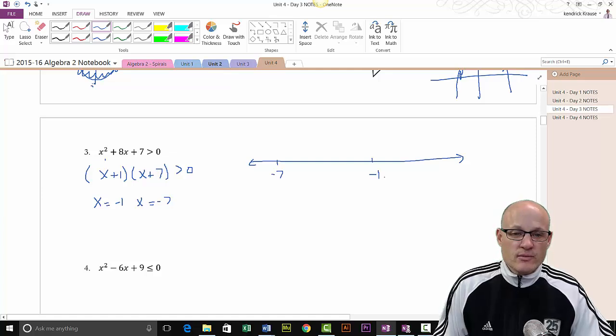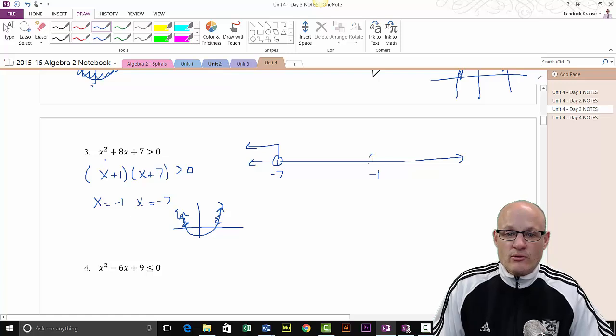Let me take a look to see what this thing looks like. Again, this is a parabola that's going up like this. So I want where it is greater than 0, so I want this area right here. So open circle, going this way. Open circle, going this way.